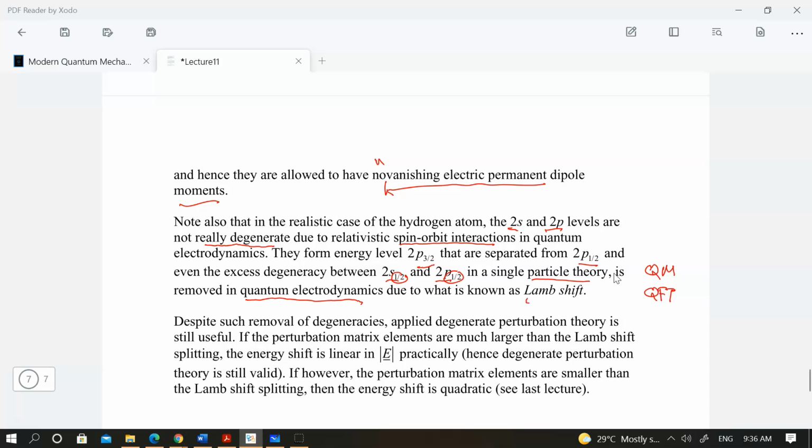And this removal of the degeneracy of these two states is called the Lamb shift.